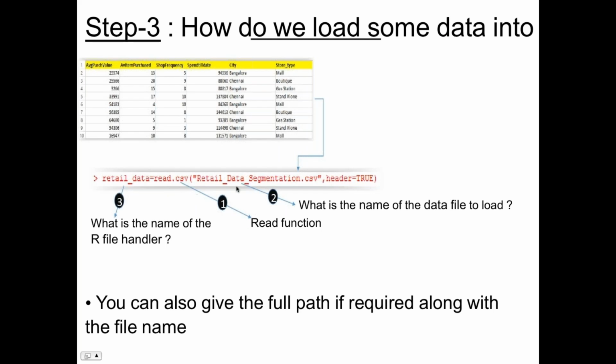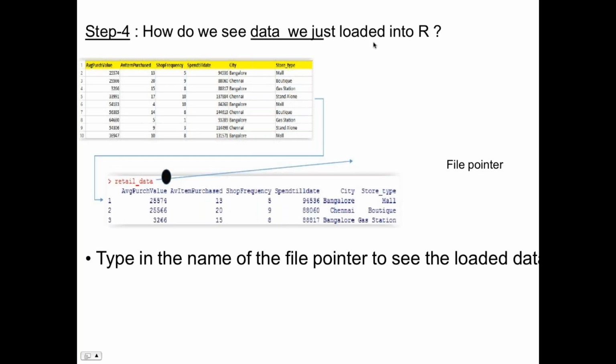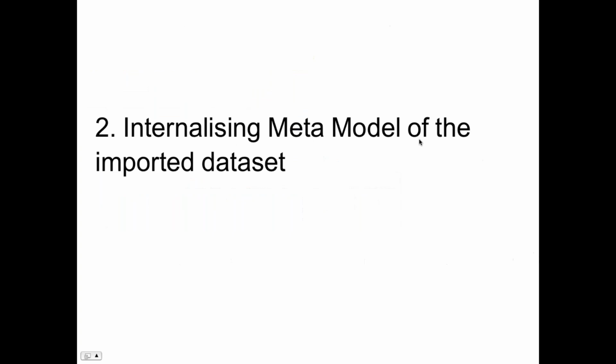And this is the file name of the data, retail data segmentation. And we set the header to be true, which means we want all the column headers. And we're just going to view the retail data that we have at hand, and see what the column names are.